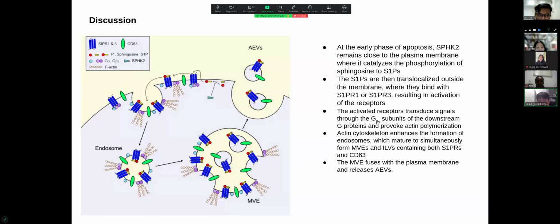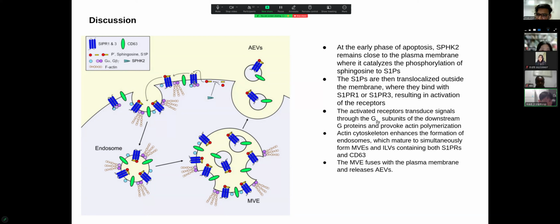And in the discussion, it is schematically shown how S1P is involved in the release of exosomes. In the early phases, sphingosine kinase 2 catalyzes the formation of sphingosine 1-phosphate. Sphingosine 1-phosphate binds with S1PR1.